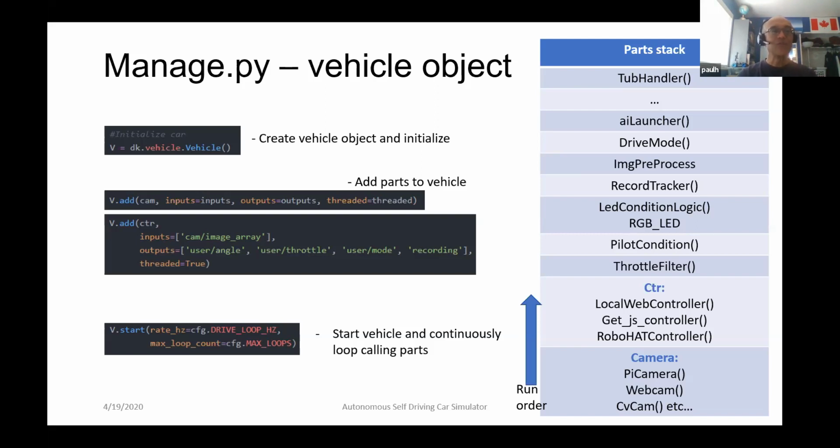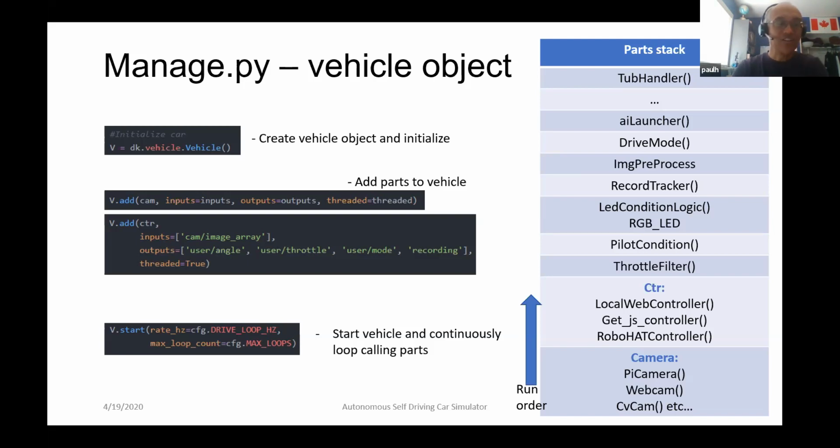If you actually go into manage.py and search on v.add, that's basically what I did. I did a search on v.add, and then I looked at all these different methods that are being called to add these parts. For the controller, you can see there's a local web controller, and that is the one that serves up your web page.